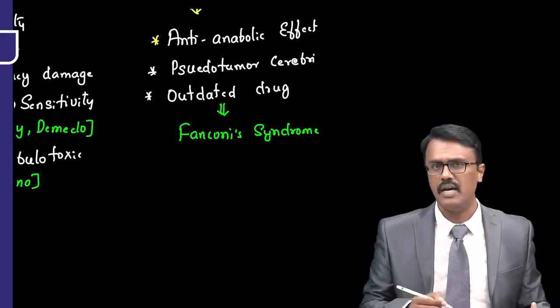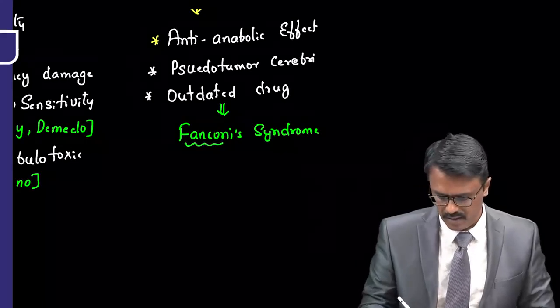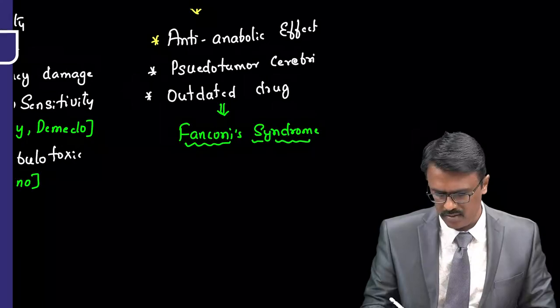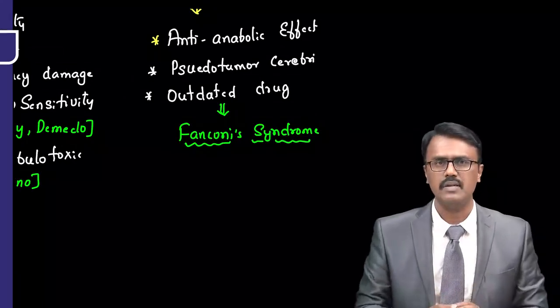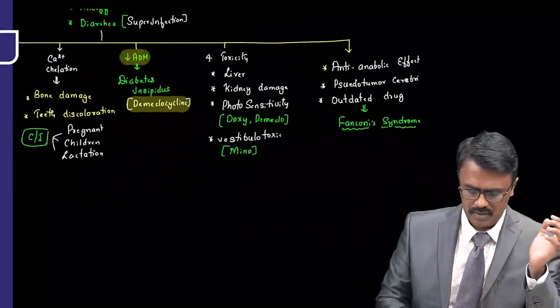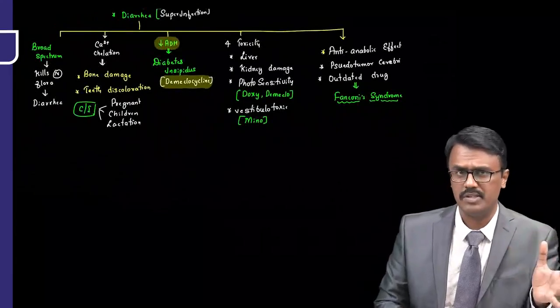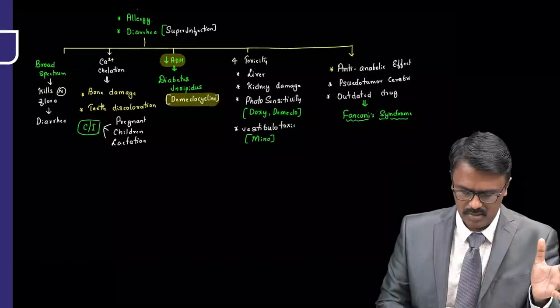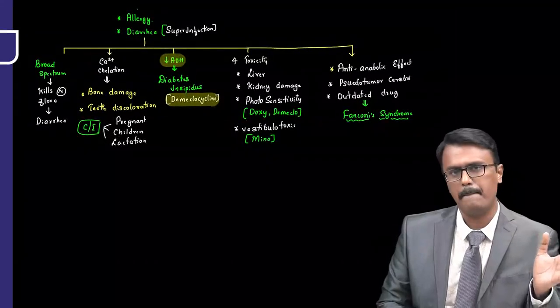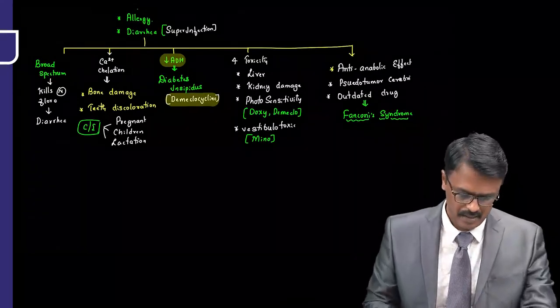The tetracyclines will damage the proximal convoluted tubule and the patient will have kidney dysfunction, that is called Fanconi syndrome, and that is only seen with the outdated, meaning expired, tetracycline. So this is the adverse effect. If you know the concept, there is no need of any mnemonic for this. Okay, so just remember the adverse effects. I hope you remember it in a conceptual manner.